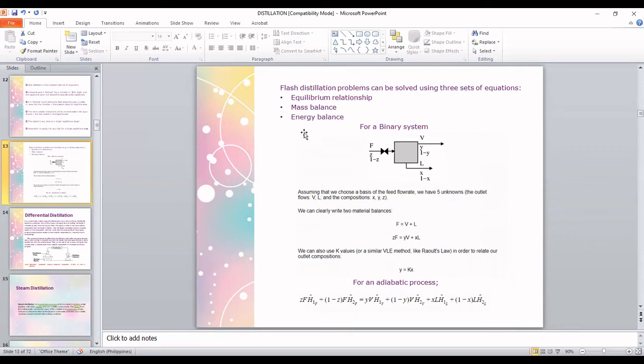Later on, you will know that we don't do energy balance in distillation unless we would like to use the method we call the Ponchon-Savarit method. If we're using the McCabe-Thiele method, we don't use the energy balance anymore. We have assumptions that will simplify our computations, but will give us results comparable to as if we're also doing energy balance. But previously, in undergraduate studies, energy balance is also being done, especially for multi-component systems.